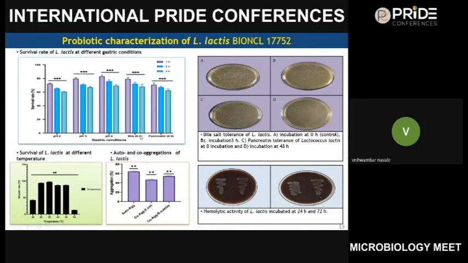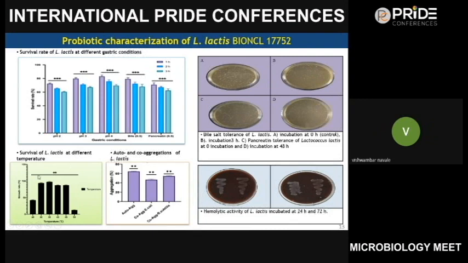In bile salt concentration of 0.3%, we also got around 75% survivability, and with 0.5% pancreatin it can also survive about 75%. We also counted CFU, and here you can see the bile salt tolerance: this is the control, and this is the test. You can see the survivability of this strain.